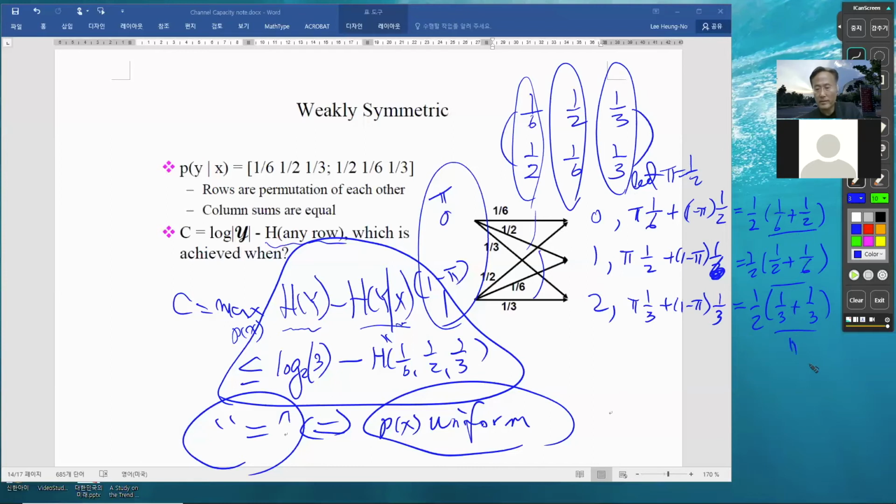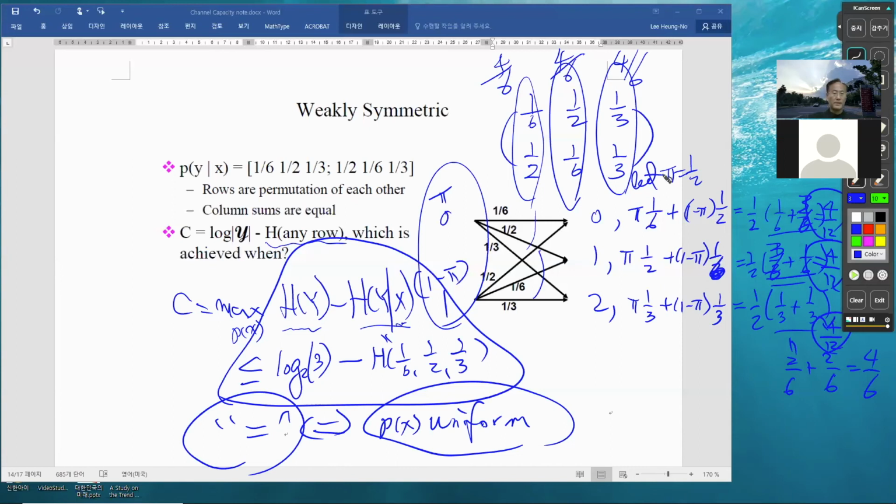Basically it is 4 over 6, 3 over 6 and 3 over 6 in the sense of the fractions; all the column sums are equal, and each output has probability 4 over 12. So they are equiprobable.